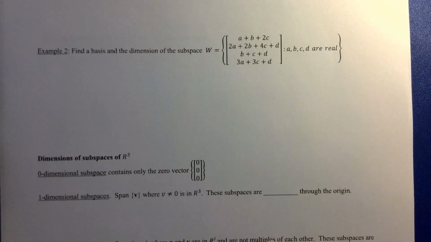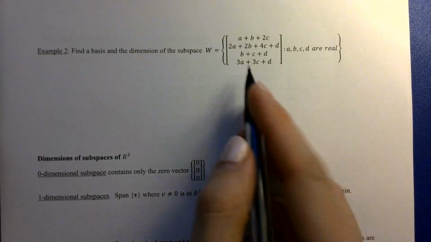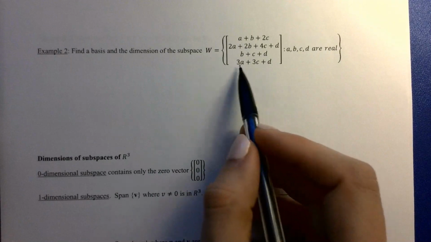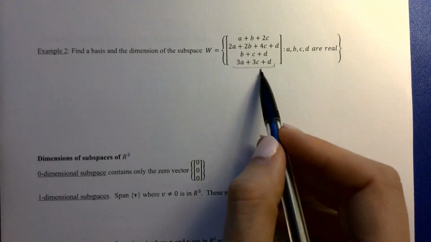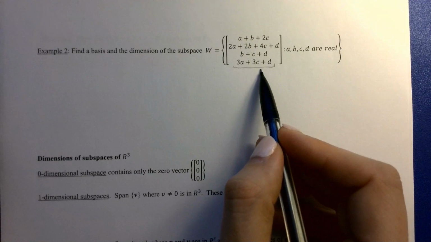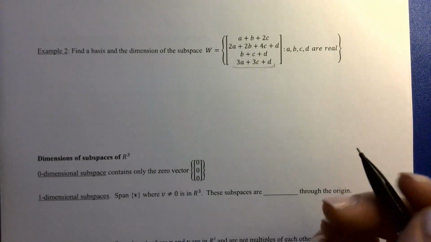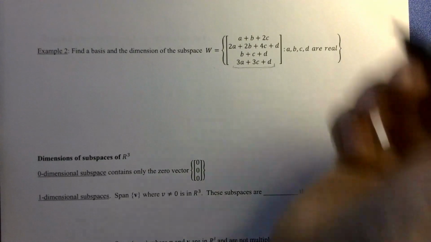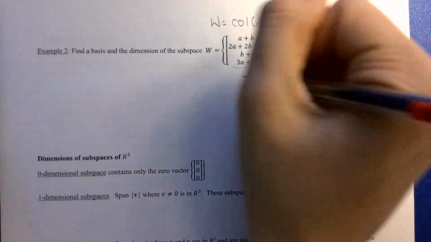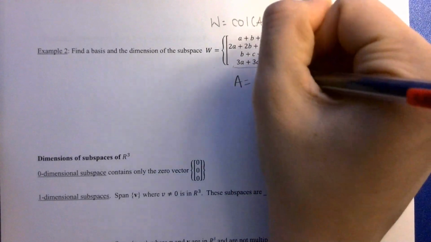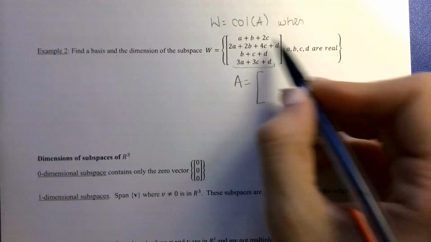So let's look at example 2. We want to find a basis and the dimension of this subspace. So this subspace is all vectors that fit this condition. To me, this looks like they were created from a very specific matrix. So W, I would say, is also the column space of A when A is a matrix. Now let's see, how many variables do I have?